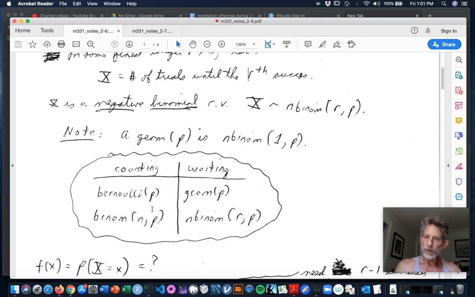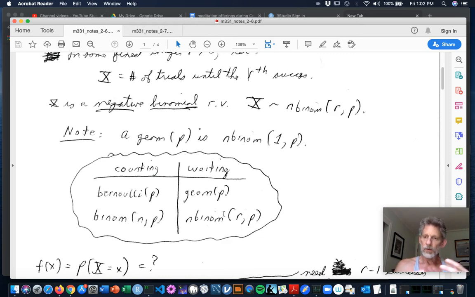You've got binomial, where you have some fixed set of trials in mind, n of them, and you count how many successes are in those trials. Those are counting random variables. But you've also got waiting random variables. We've met the geometric random variables where you're waiting for your first success.